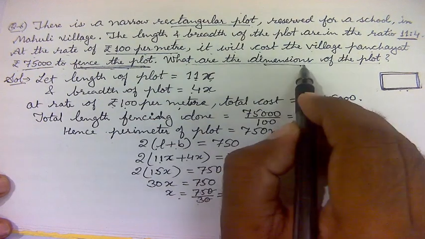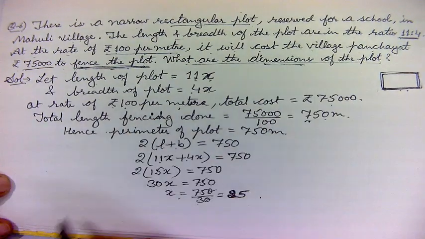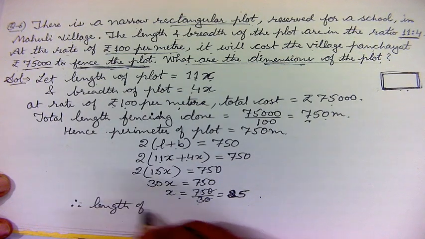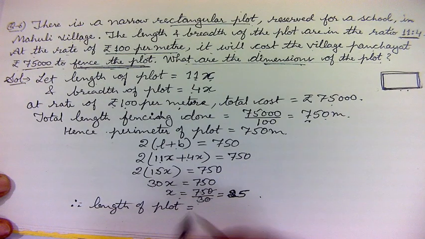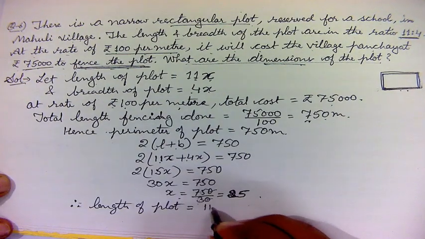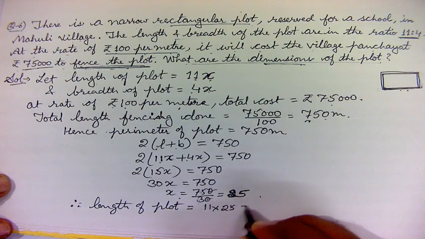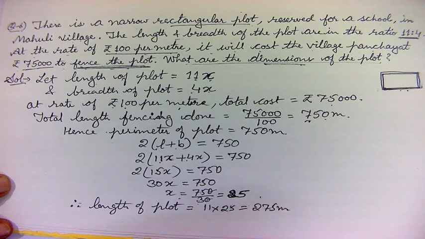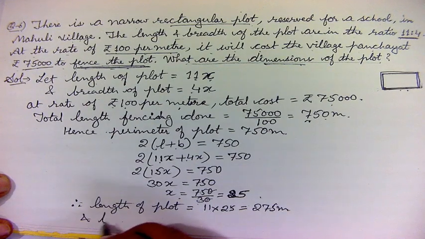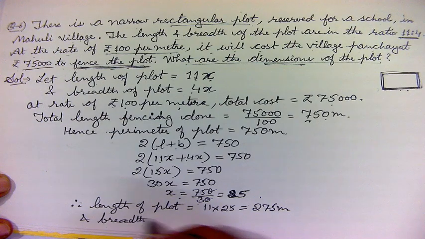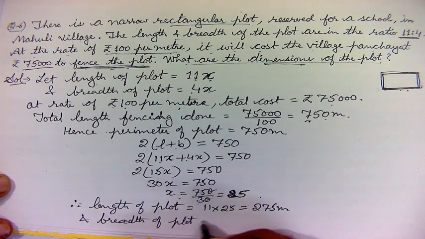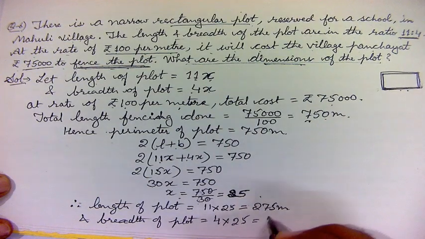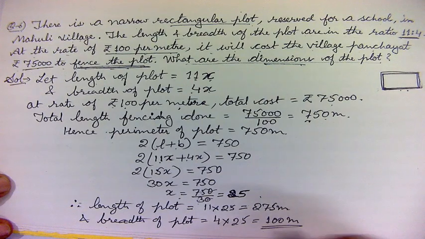Now we need the dimensions. Dimensions in the sense the length and breadth. So therefore the length of the plot equals 11x. So 11 multiply 25 gives you 275 meters, and the breadth of the plot is 4x, that is 4 multiply 25, it is 100 meters.